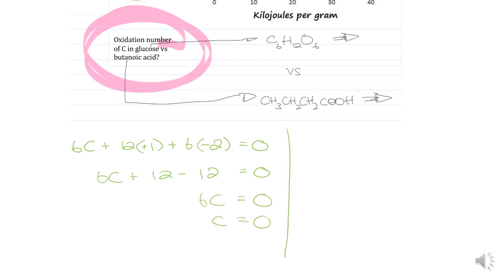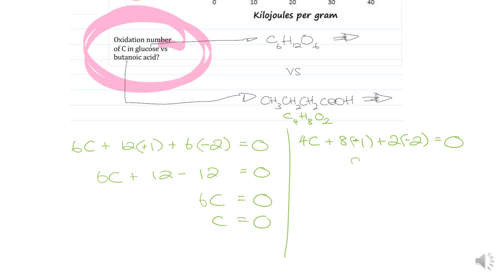So that's in glucose. When we look at butyric acid, that is C4H8O2, so 4 carbons plus 8 times plus 1, that looks like an H, but it is a plus 1, plus 2 times negative 2, is all equal to 0.